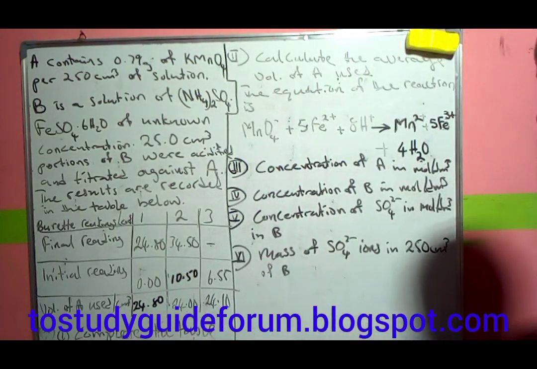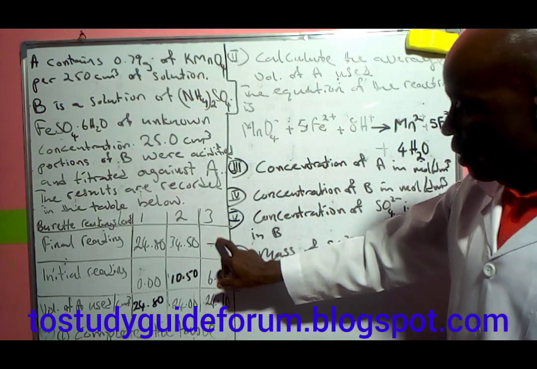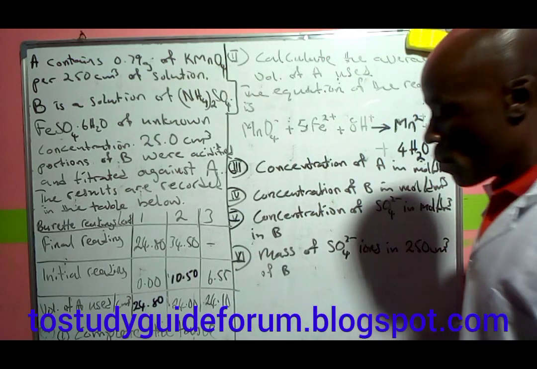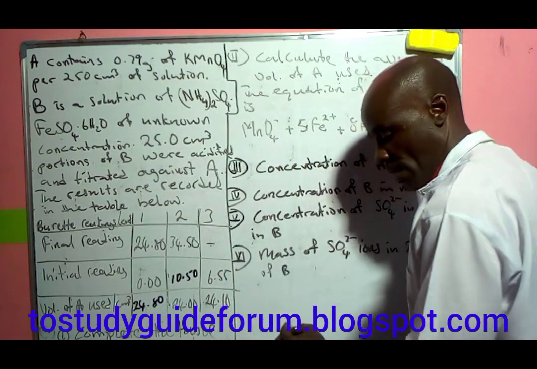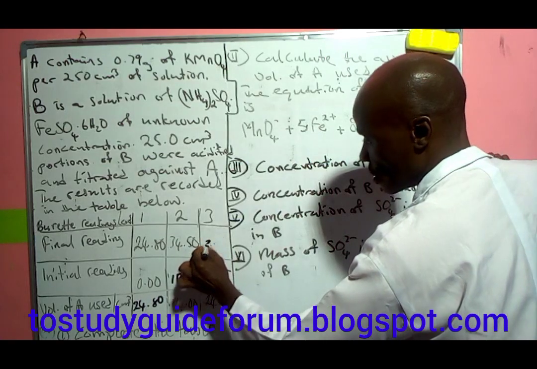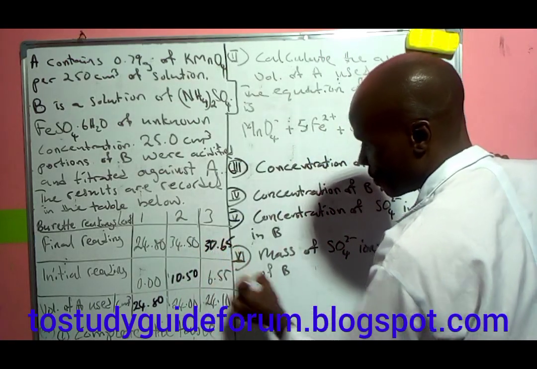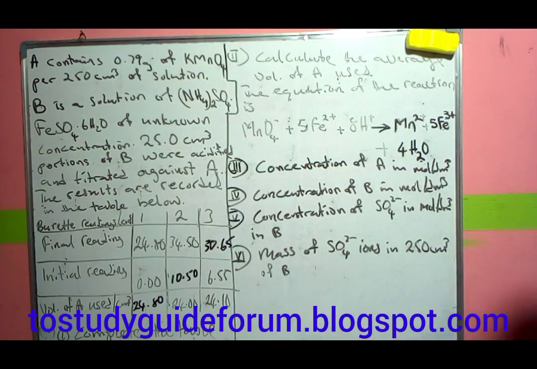That is what should be there. To get the value of this, what we do is add the two together. If we add them up, we have 30.65. That is what we have here. So we are done with that now.